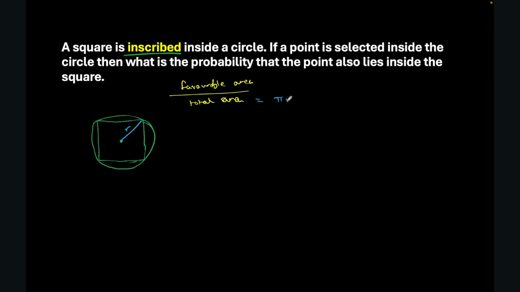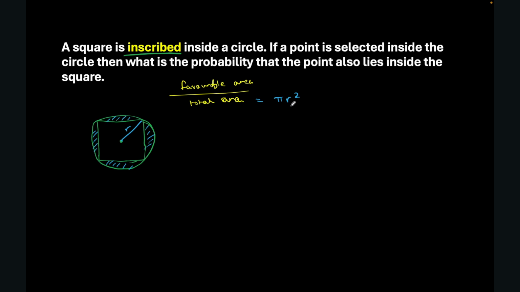It's going to be pi r squared, because my square is inside the circle. So anything that's inside the square is going to be inside the circle. But that doesn't mean everything inside the circle will be inside the square, because they still have this area, which is not part of the square, but it is part of the circle.